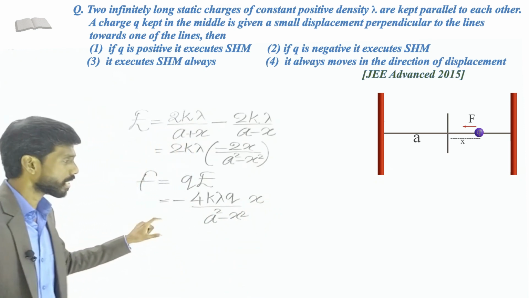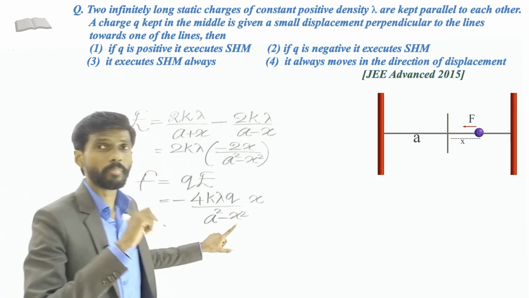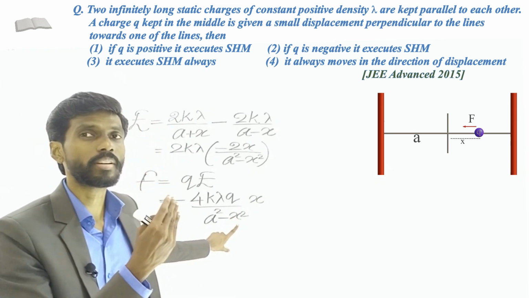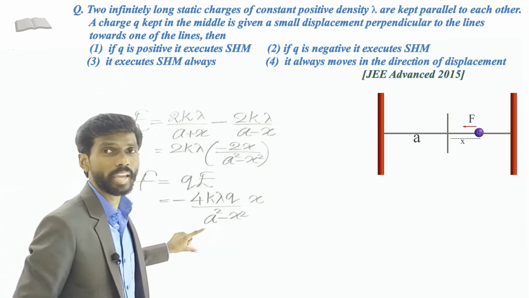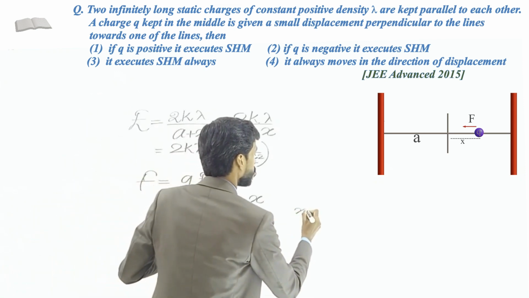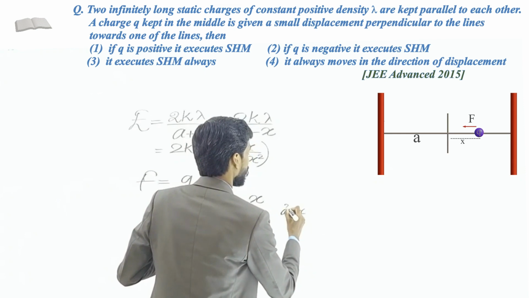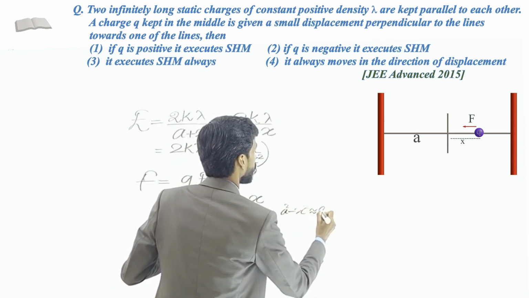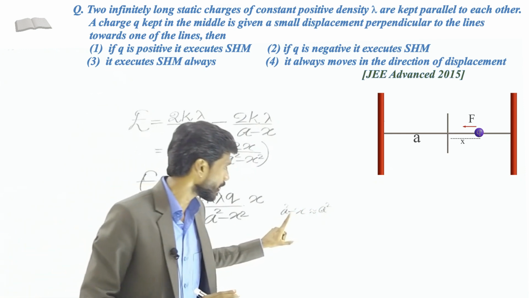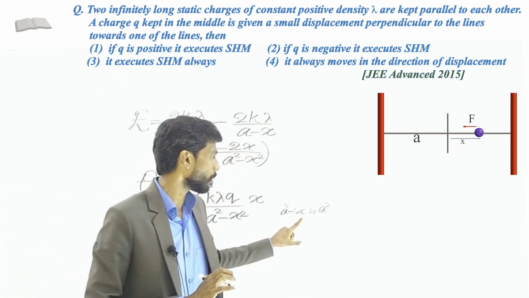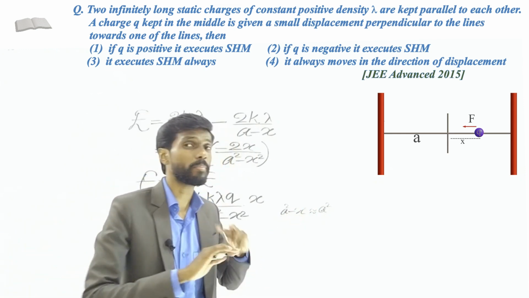Now it's given that x is very small compared to a. It's a slight disturbance only, otherwise it won't be a simple harmonic motion. Since x is very small compared to a, we can take the value of a squared minus x squared approximately equal to a squared only, because a squared is very big compared to x squared, so this subtraction does not make much of a difference.